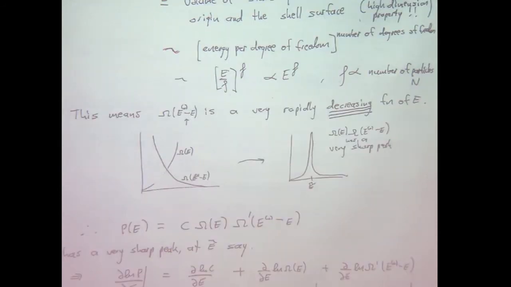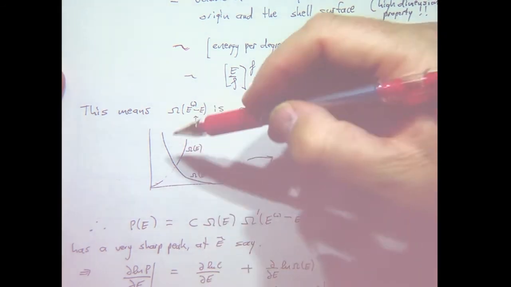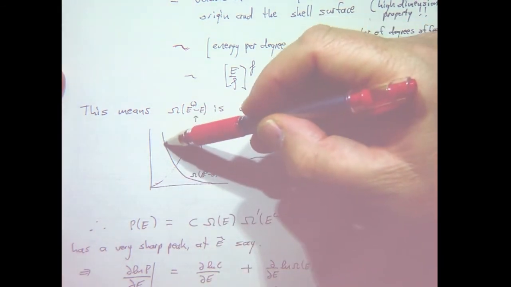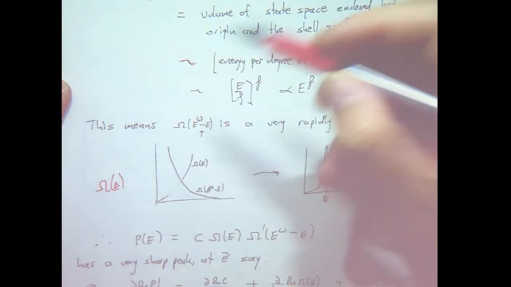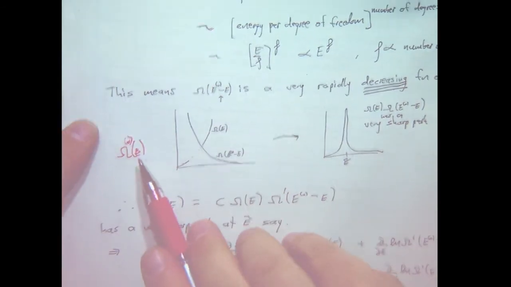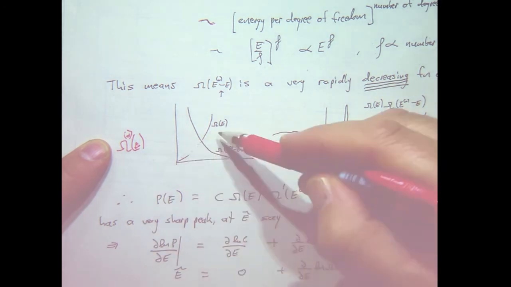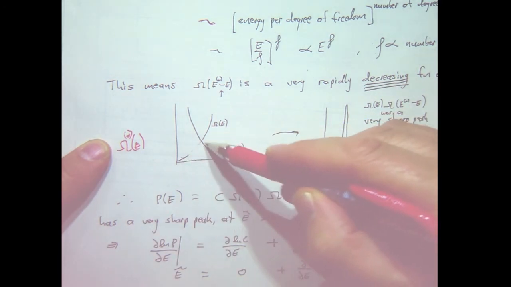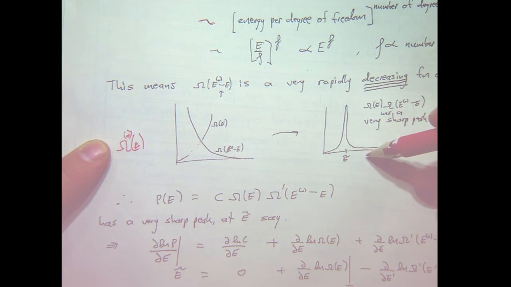And so you have omega of E extremely rapidly increasing. Omega of the rest is extremely rapidly decreasing. The omega zero is the number of accessible states to the entire isolated system. That's the product, and the product is the envelope of those two. So that's going to have an extremely sharp maximum. Yeah.